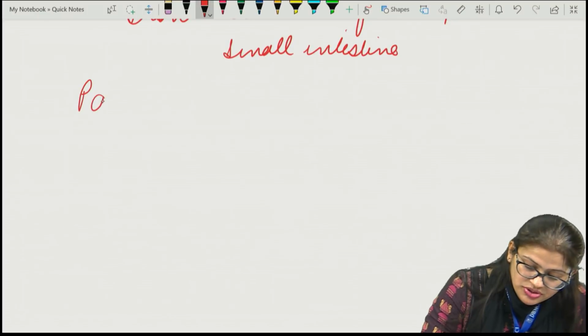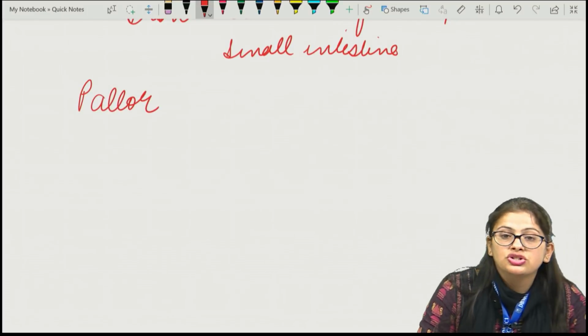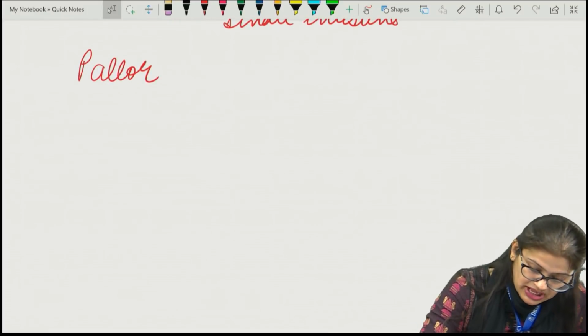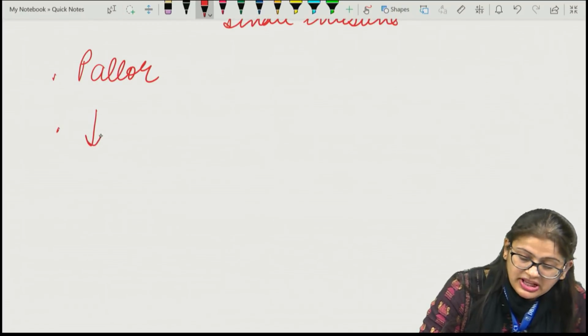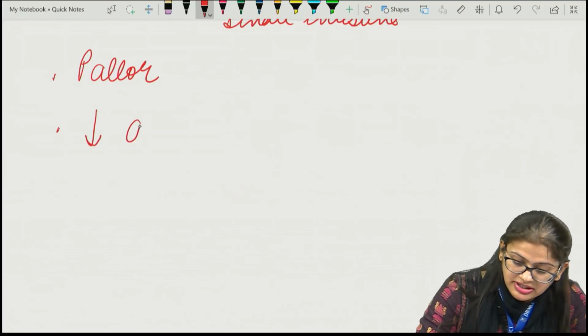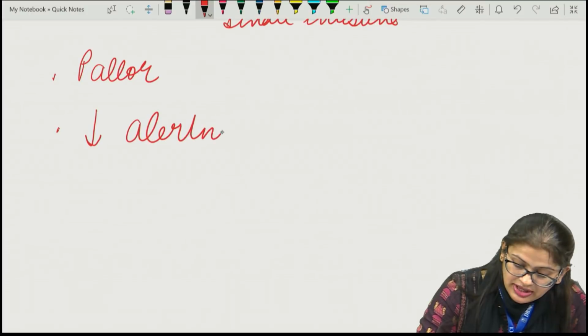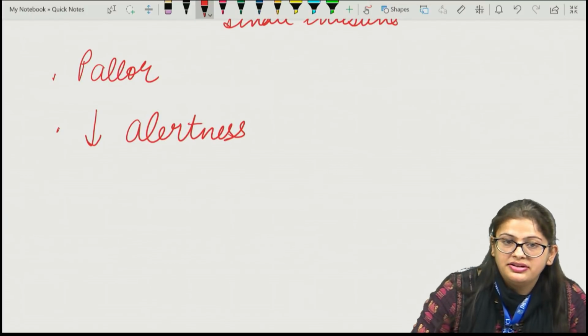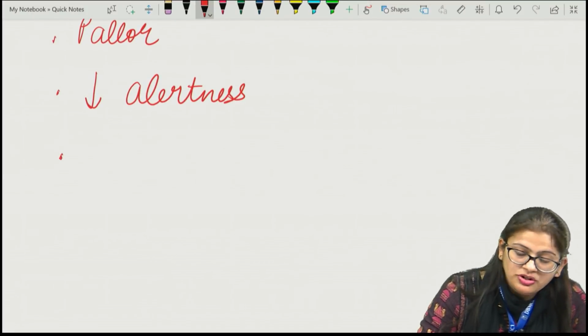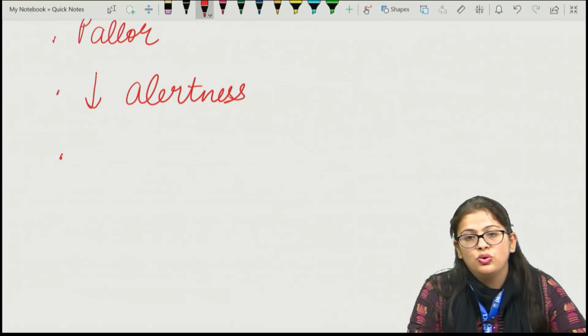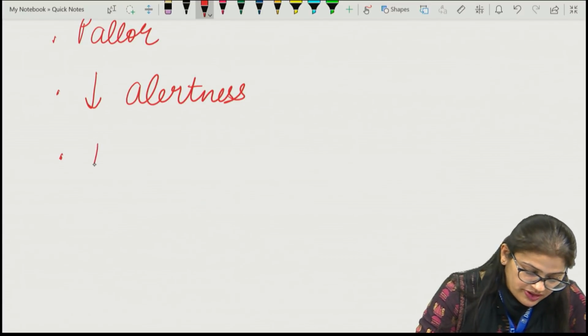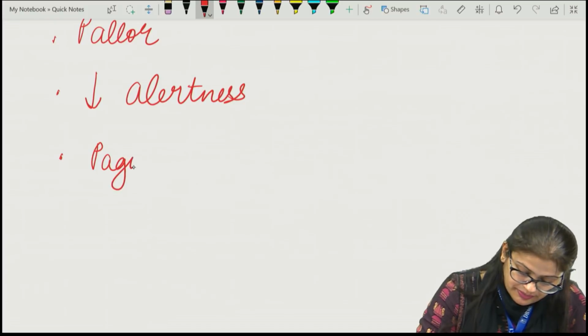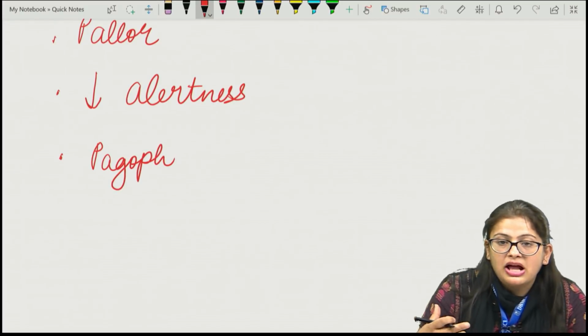Pallor is the most important clinical manifestation of iron deficiency. Apart from that, it has been seen that decreased alertness also results due to iron deficiency anemia. Children who are deficient in iron may also show pagophagia or pica, which means abnormal tastes.